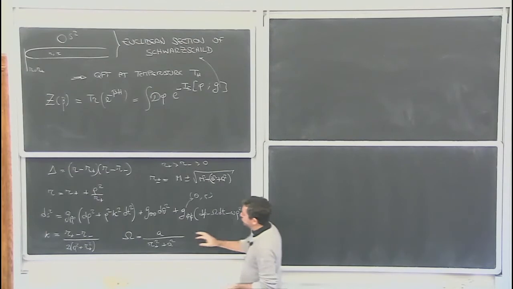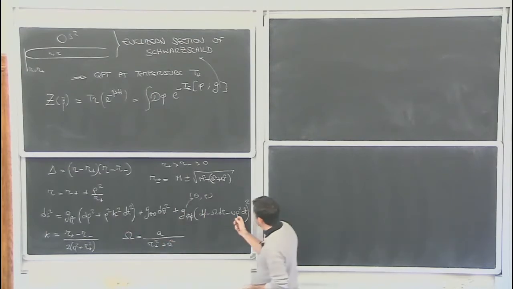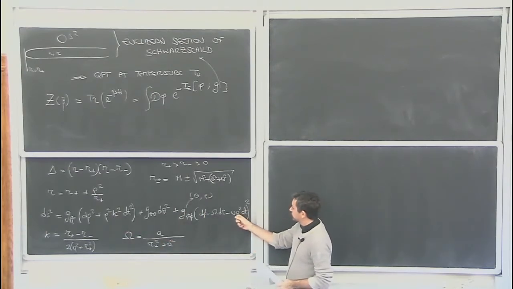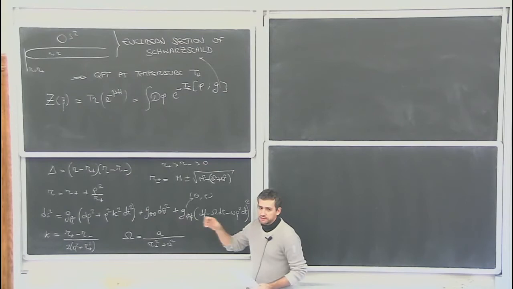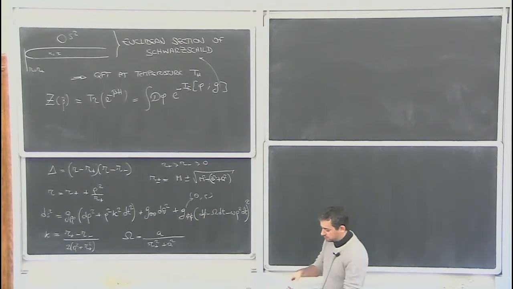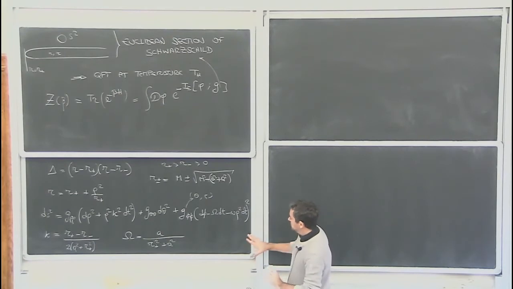And in order to fix this κ, you need to make sure that you also control the terms of order ρ² here, and also the term of order ρ² in φ. It's a bit delicate. I spelled out a few more details in the notes. But this is what you get.